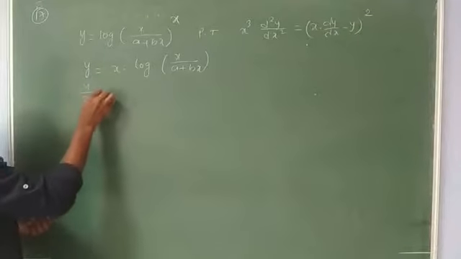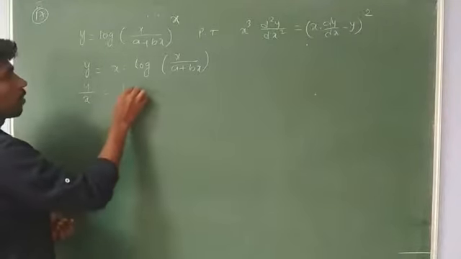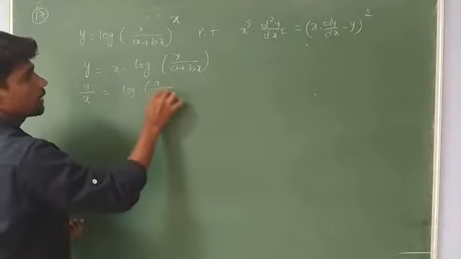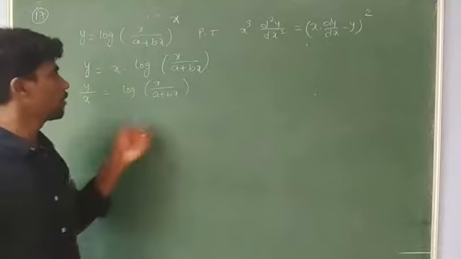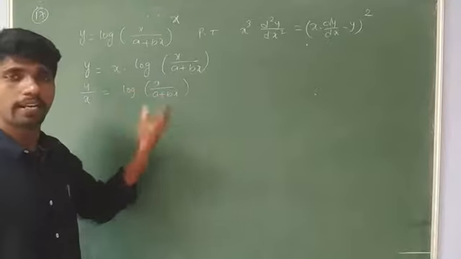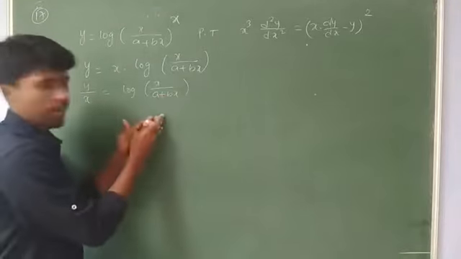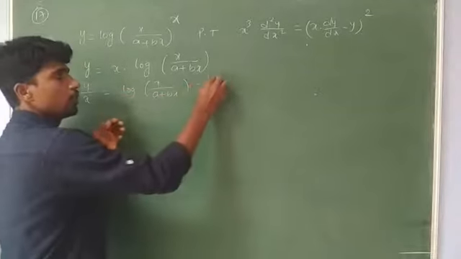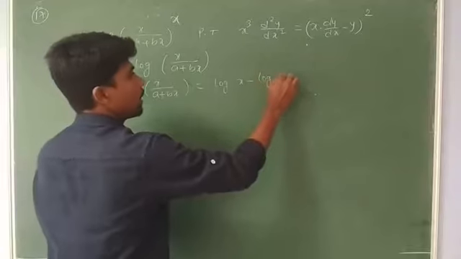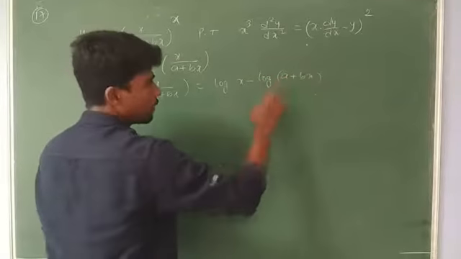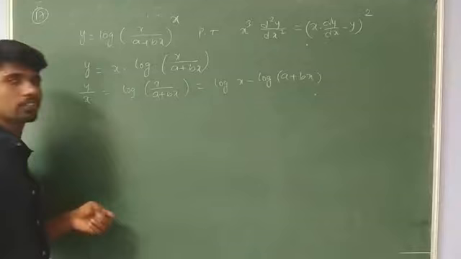So y by x is equal to log of x by a plus bx, right? Instead of going for the log of x by a plus bx derivative directly, we can simplify this one as log m by n, which is equal to log m minus log n. In place of m and n, we have respectively x and a plus bx.